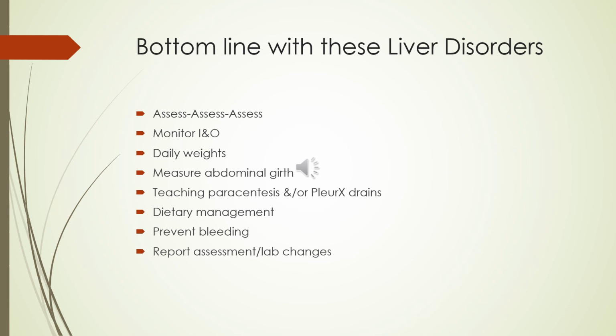We need to measure the abdominal girth to identify if our ascites is getting worse, teach paracentesis and or PleurX drains to our families so that they know how to care for them at home, provide dietary management, and get nutrition involved to help them keep up their nutritional intake, prevent bleeding, and also remember to report any assessment or lab changes.